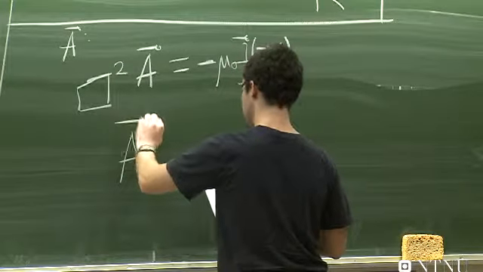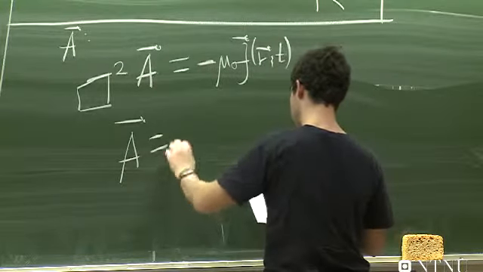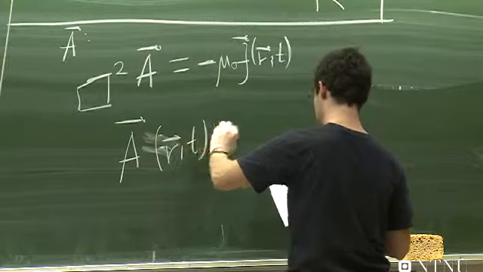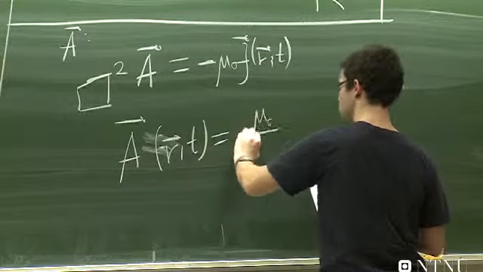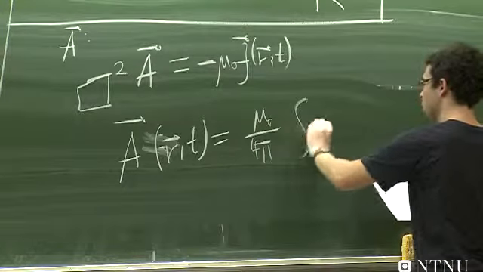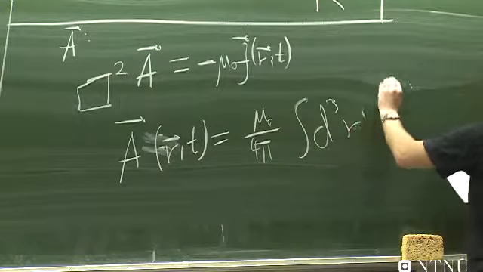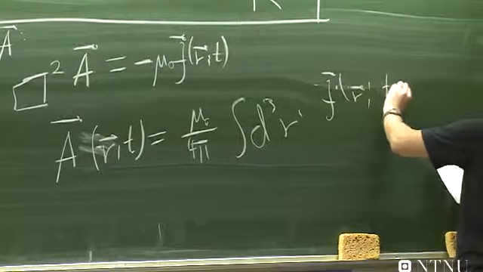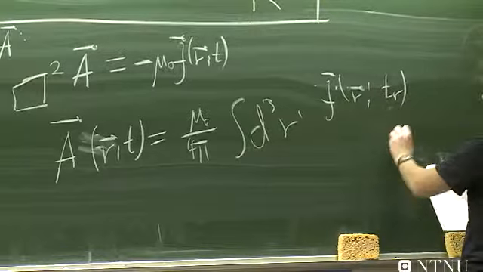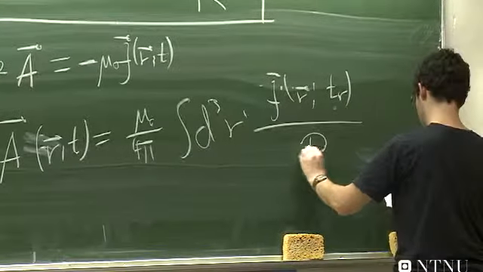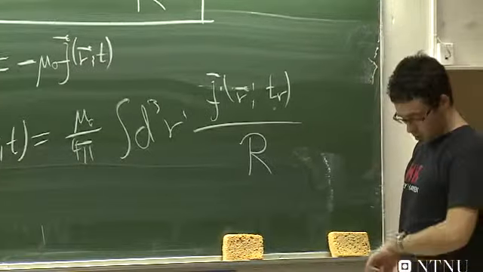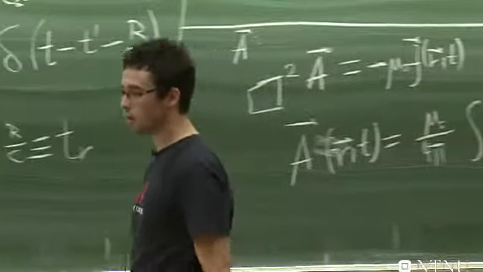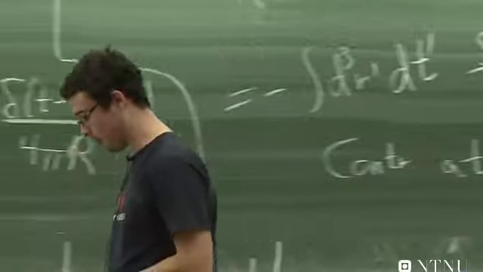Each component of A fulfills the same solution as for the potential. So A of r, t is equal to mu naught over 4 pi integral over d3 r prime J of r prime, t_r, same as before, retarded time, over r. Okay? Because mathematically the two equations are exactly the same.